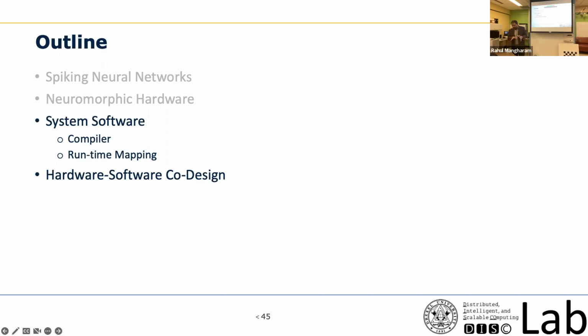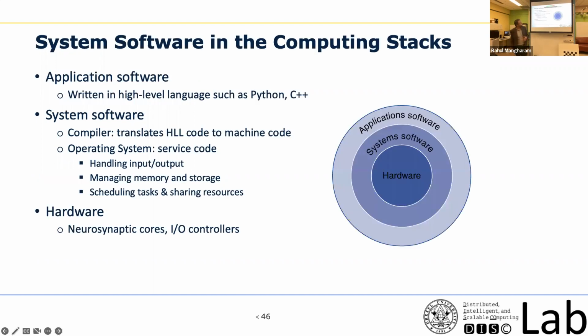That's more or less on the hardware side. I want to give you a high-level idea on the software side, just to make the story complete, and then talk a few more slides on the core design. This should be known to everyone: every computing, whether neuromorphic or von Neumann, has three typical layers of abstraction: the hardware, the system software, and the application, which is the algorithms and everything.